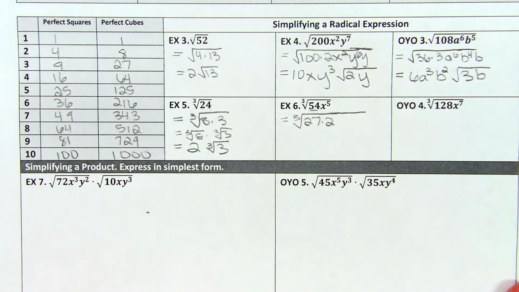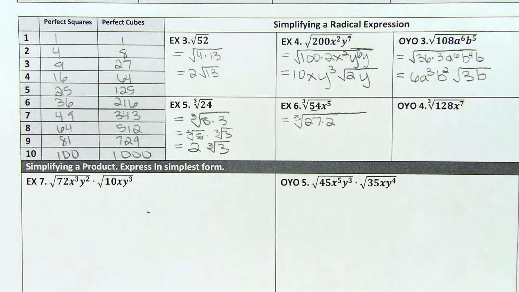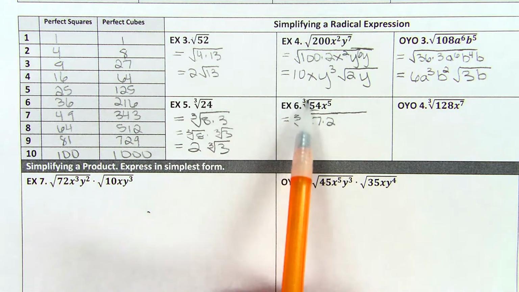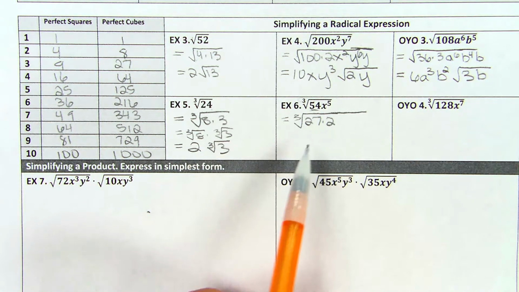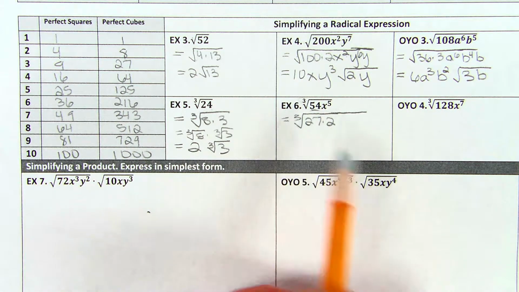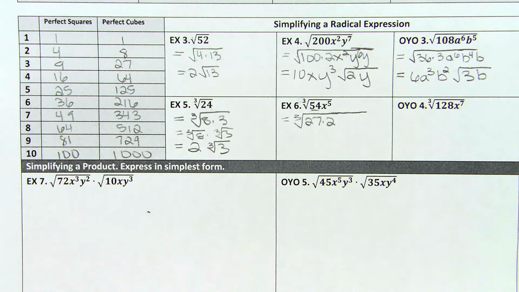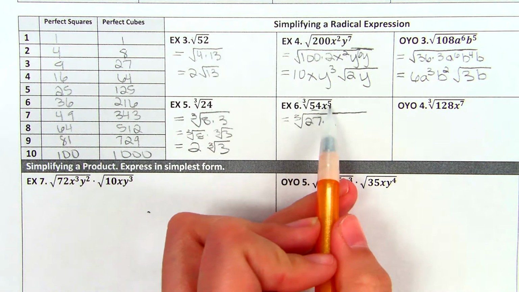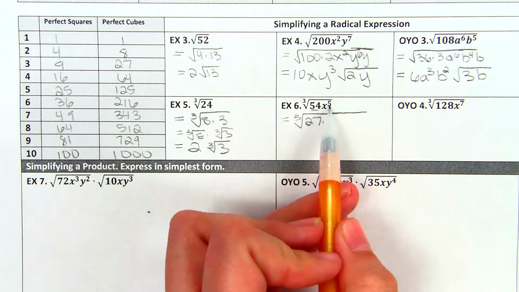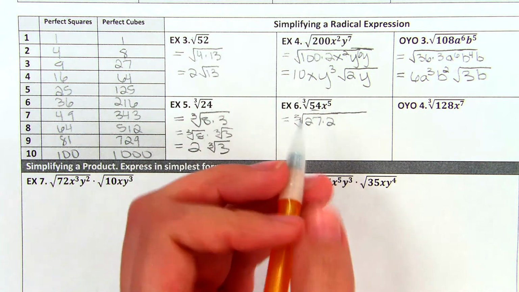Now for x to the 5th, I'm not thinking about multiples of 2. I am thinking about multiples of 3 because my index is 3. I want to be able to divide the number by 3 and get whatever that cube root is going to be. So the largest multiple of 3 that is less than 5 is just 3.